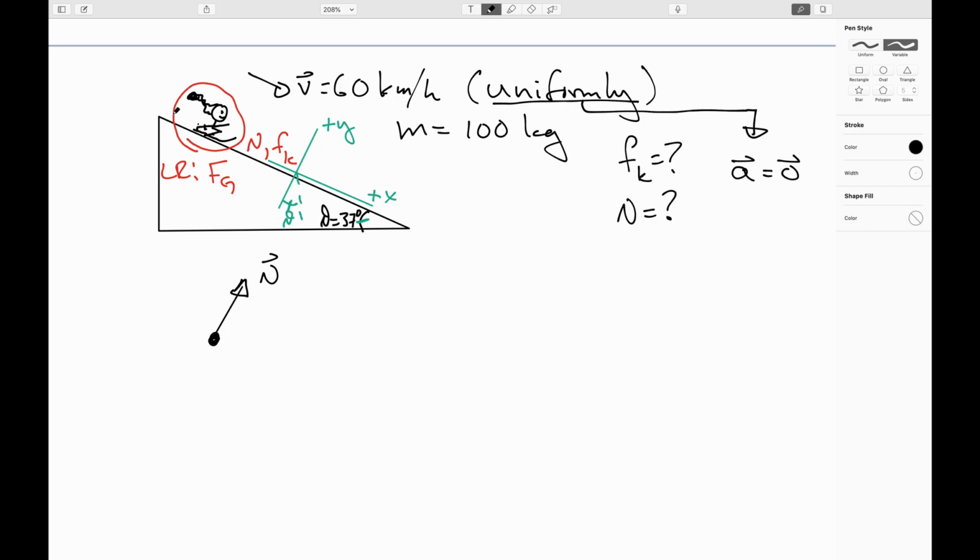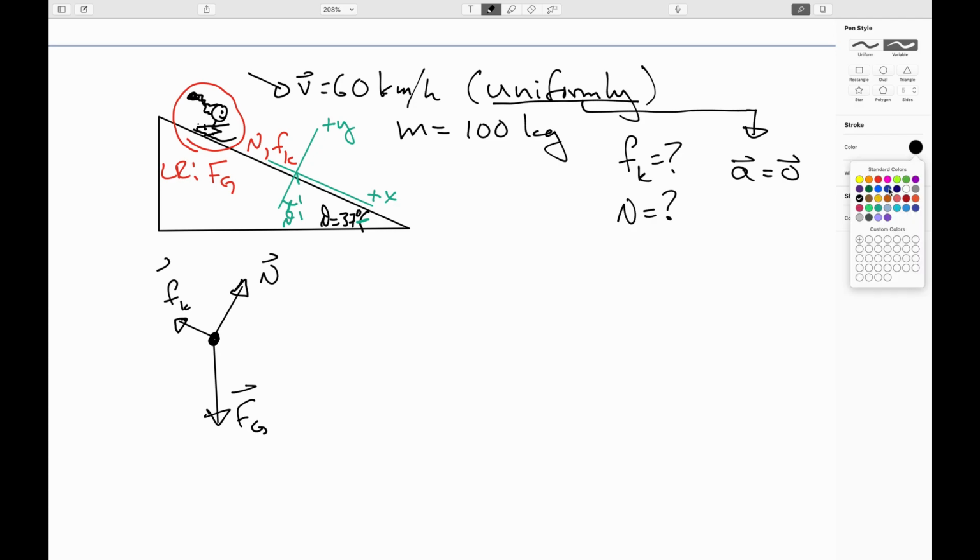And friction is parallel to the surface, and since the skier is going down the hill, friction always opposes the motion. That means friction will be up the hill. And the only other force we have left is the force of gravity, which always acts straight down.